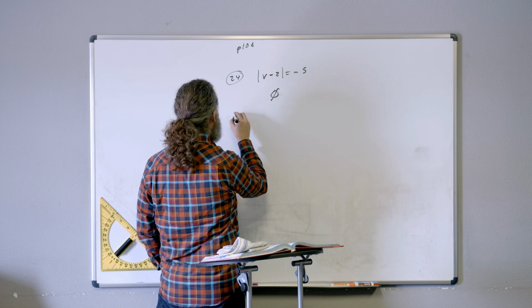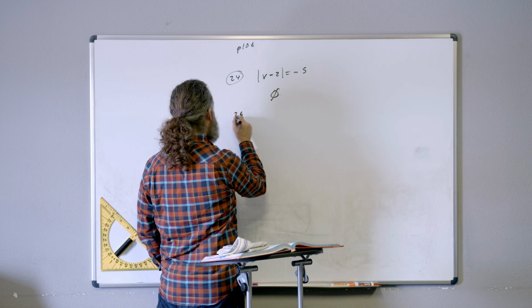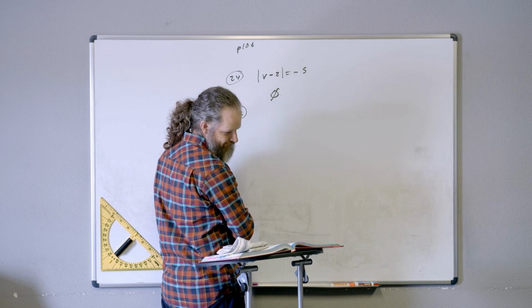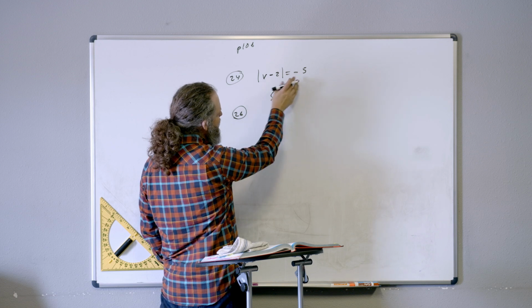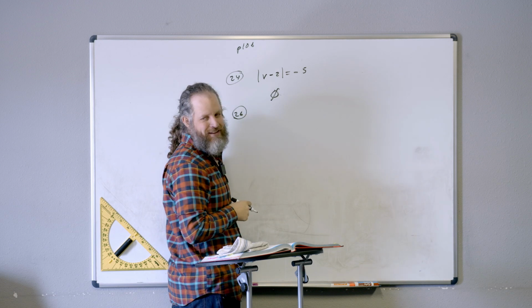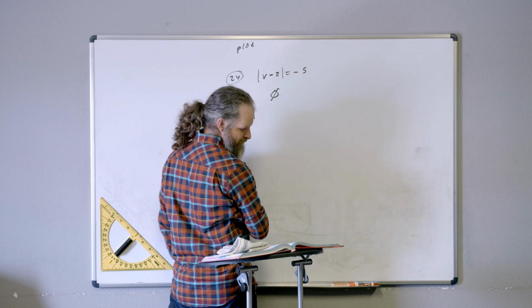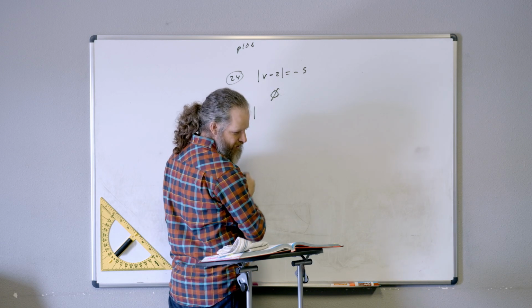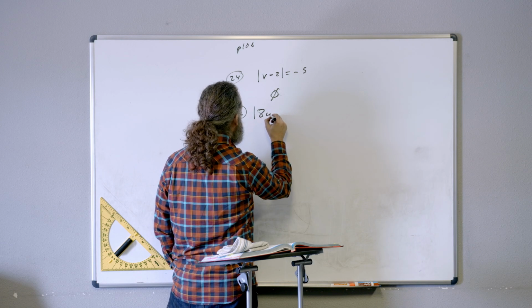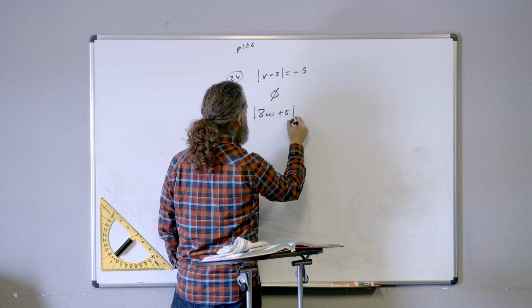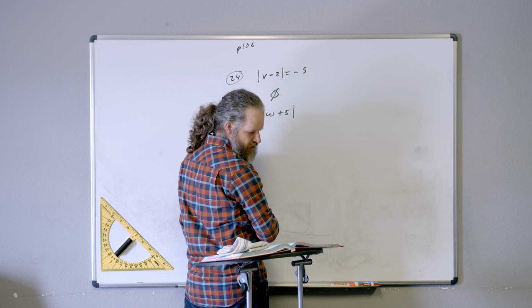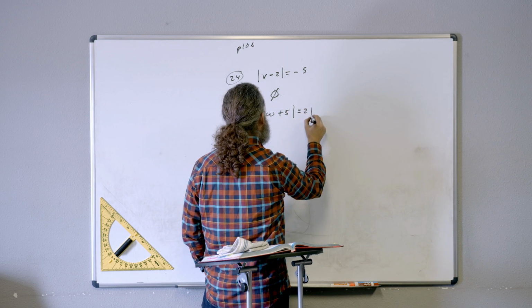How about 26, on the same page? If its absolute value equals some negative, that's the null set, right? Absolute value of 8w plus 5 equals 21.